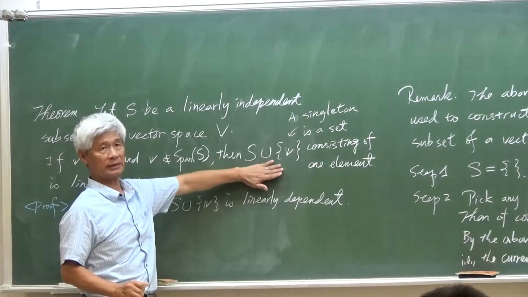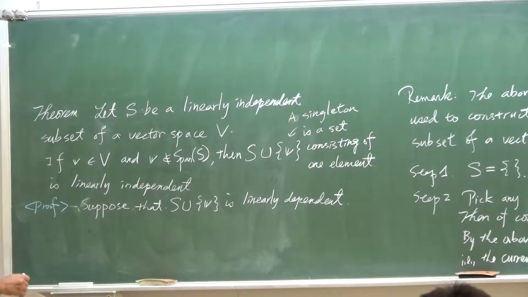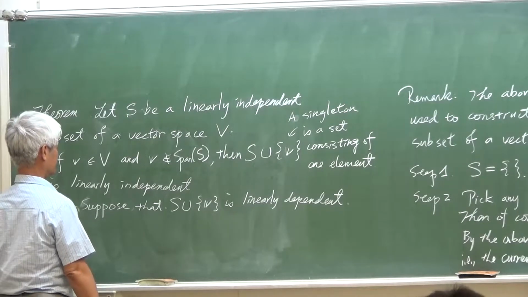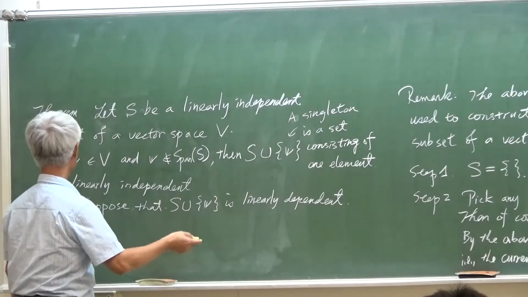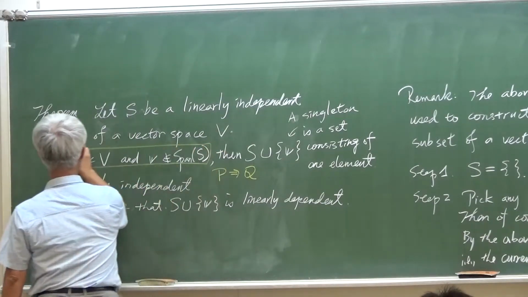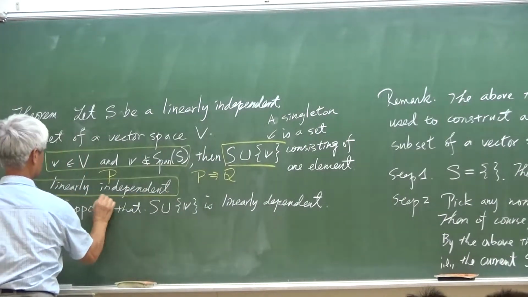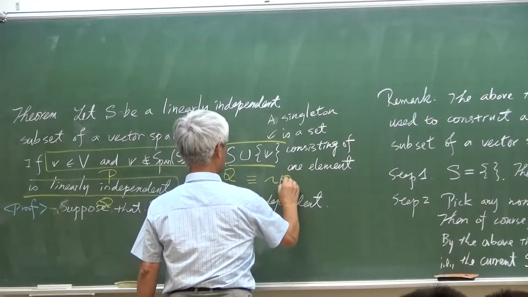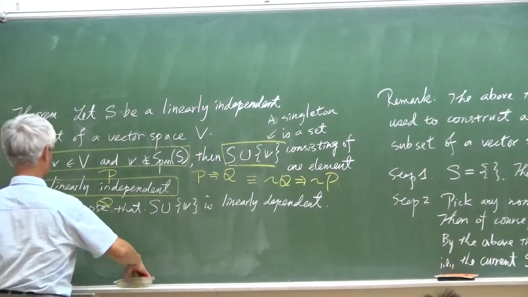The fact is that we are going to prove that if this is P and the statement is Q, then P implies Q, which is equivalent to not Q implies not P. So it's the contrapositive.